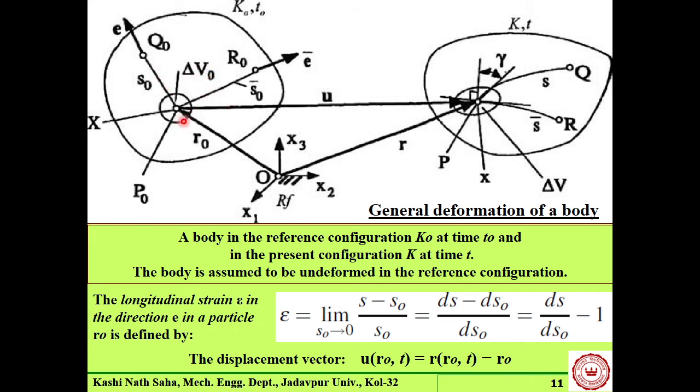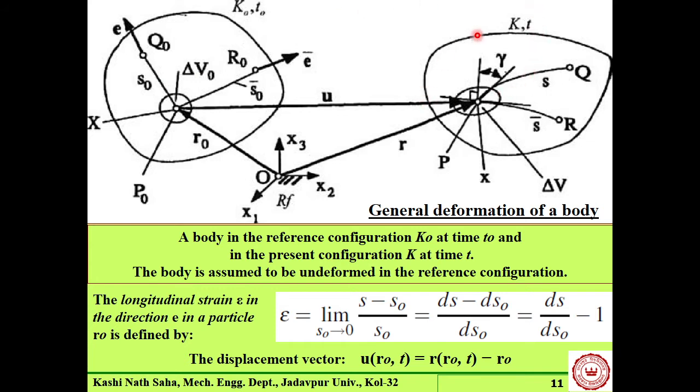Here our point of interest is a local point P at position P0, that is, at time 0, configuration Q0. Perpendicular to this P0Q0 line, there is another line P0R0. The angle between them is 90 degrees.